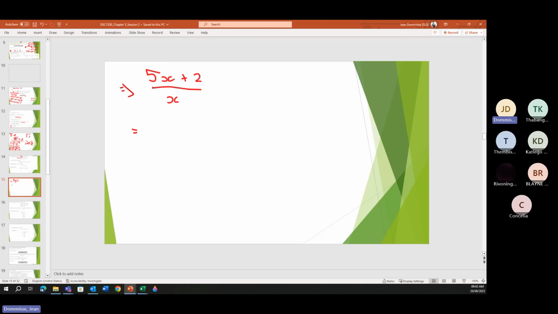So 5x plus 2 over x is the same as 5x over x plus 2 over x. Then one can simplify that a bit more, because x goes into x once. So now we sit with 5 plus 2 over x.